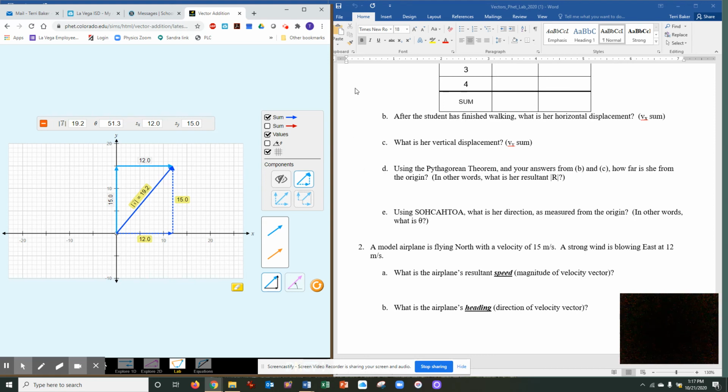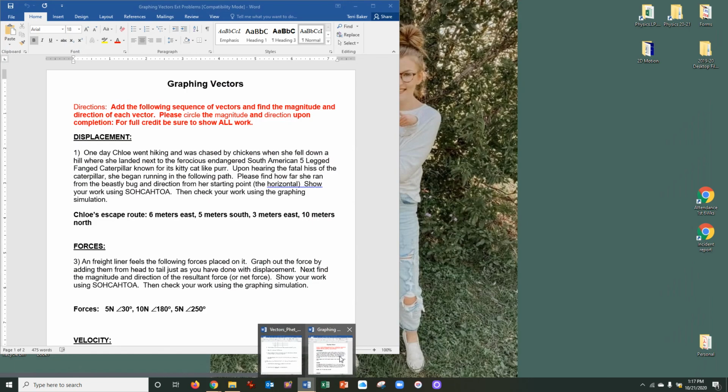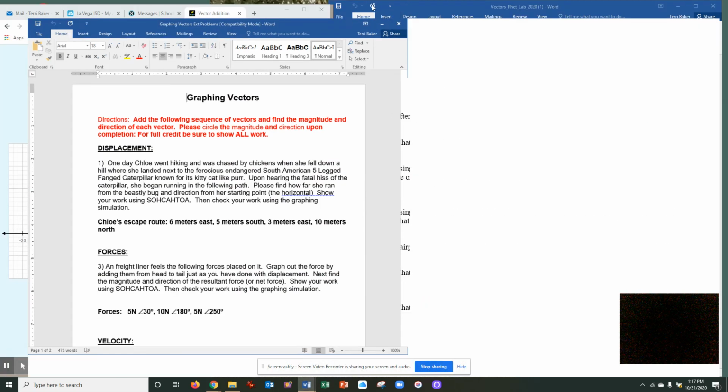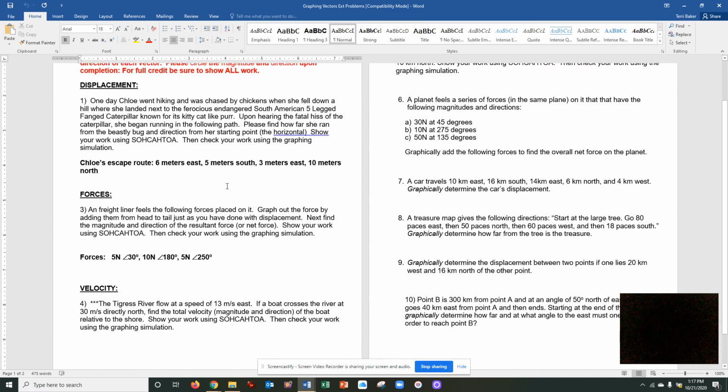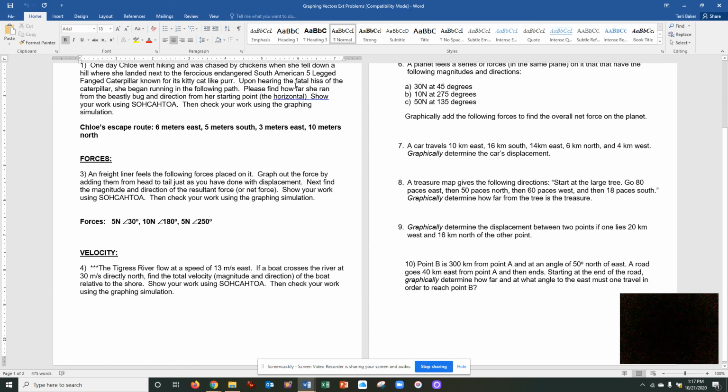Now, the last part of your lab are the extension problems. I am going to attach these to the bottom below this lab sheet. This is what it's going to look like. There's graphing vectors. There's different scenarios.